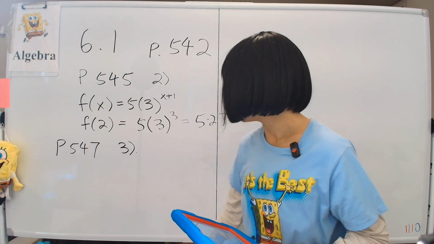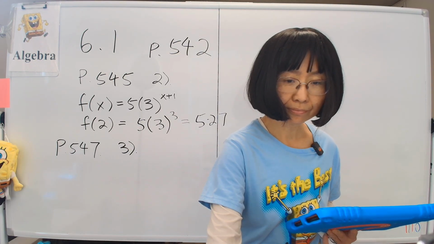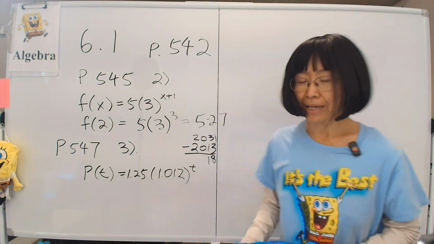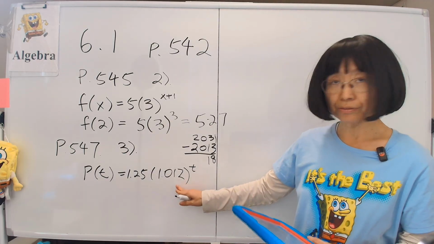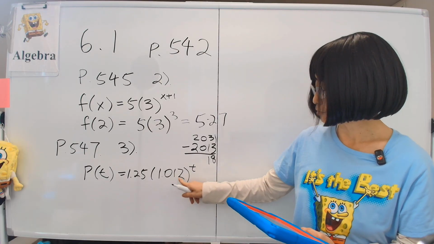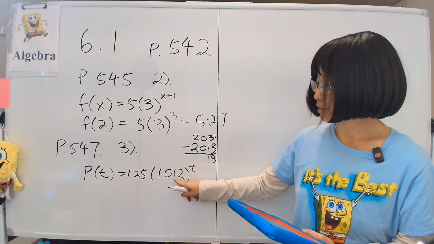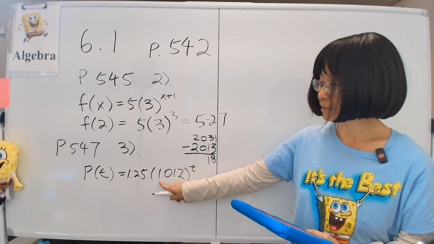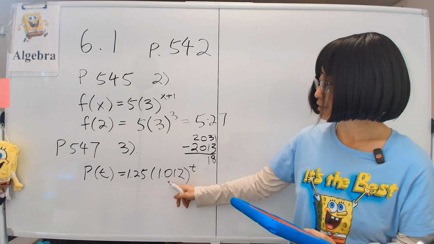Okay, so let's do that. We have a situation where 1.012 is the growth rate. The growth rate is 1.2%, so we write it down right here, and that's how you write it. That's 0.012, added to the original number, and the total growth factor will be 1.012.